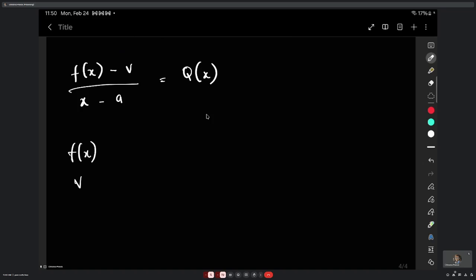How about q of x and x minus a? x minus a would no more be 1, right? Because we are going to have x minus a, x minus b, x minus c, up to the setting. And how about q of x?